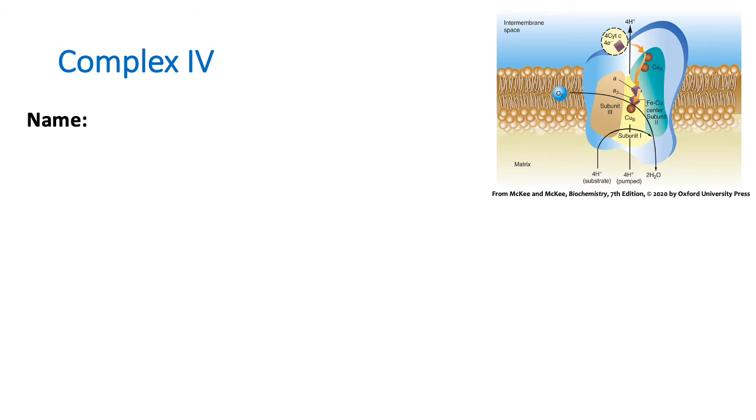Sorry, I'm just going to go ahead and finish my drawing. This is coming from complex 3. I said that QH2 come over. That was a glitch. I accidentally hit the screen wrong. And then those 2 protons come over. 2 H pluses come from the matrix.